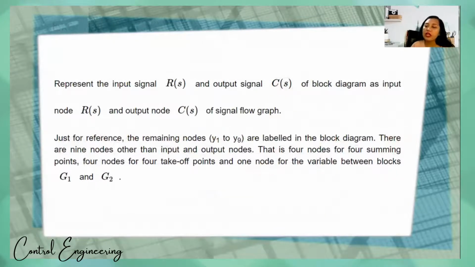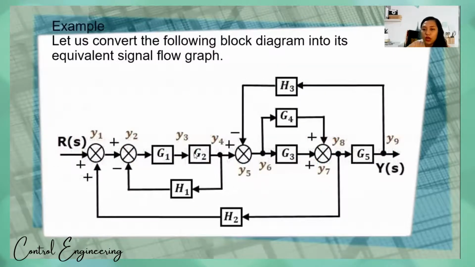So just for reference, the remaining nodes, Y sub 1 to Y sub 9, are labeled in the block diagram. There are 9 nodes other than the input and output nodes. That is 4 nodes for 4 summing points, 4 nodes for 4 takeoff points, and 1 node for the variable between blocks G1 and G2. Okay?